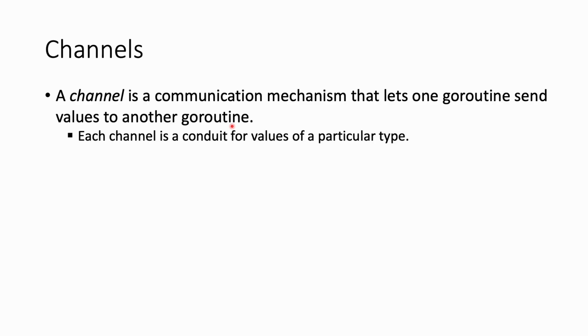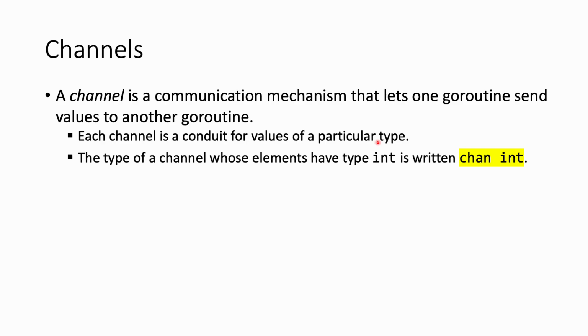Each channel is a conduit for values of a particular type. In Go syntax, the type of a channel whose elements have type int is written chan int. In general, a channel type starts with the keyword chan followed by an element type.